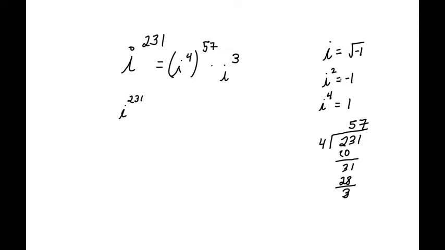i to the 4th, remember we said, was 1. Well, if I raise 1 to the 57th power, I simply get 1. So i to the 231 is equal to i cubed.